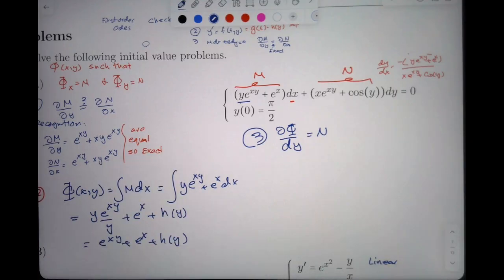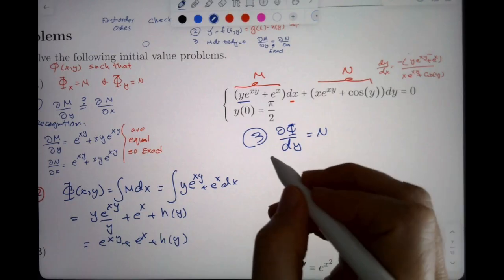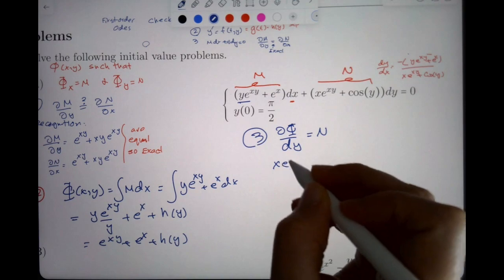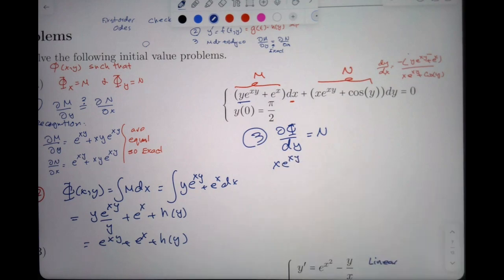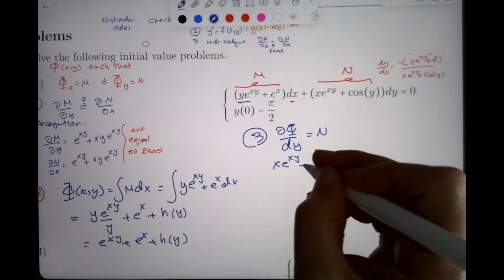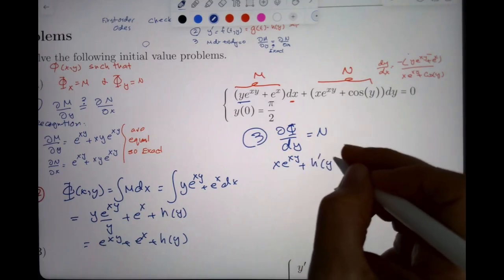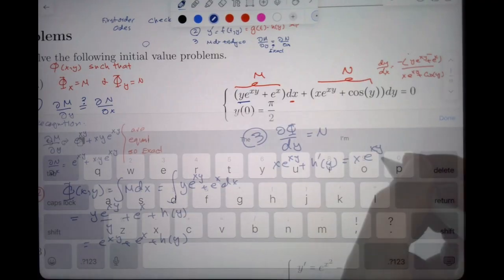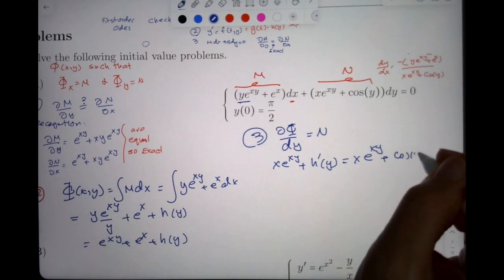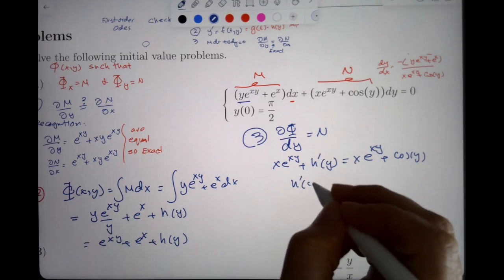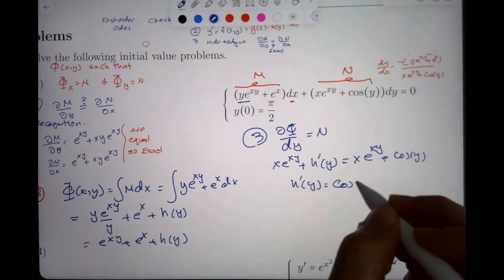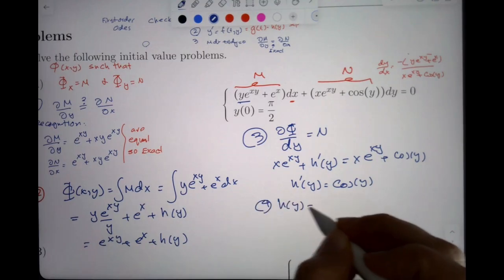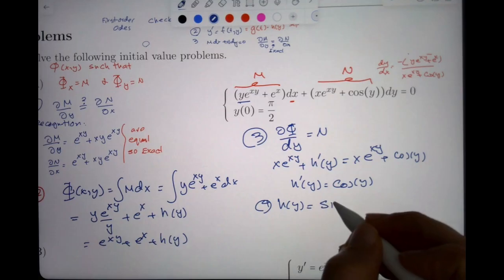And the derivative of that with respect to y is going to be x e to the power xy, plus e to the x goes away, plus h prime of y. And n was x e to the power xy plus cosine of y. So h prime of y is going to be equal to cosine of y, so h of y is going to be sine of y.